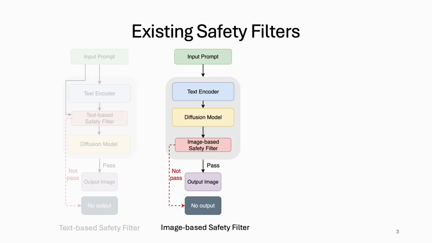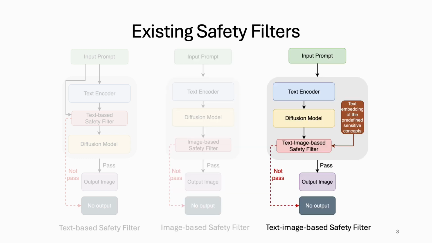The second one is an image-based safety filter, which is deployed after the diffusion model and takes the image as the input. The third one is a text-image-based safety filter. This is the safety filter deployed by Stable Diffusion, which has some predefined sensitive concepts as text embeddings, and then calculates the similarity between the output image and those sensitive concepts.